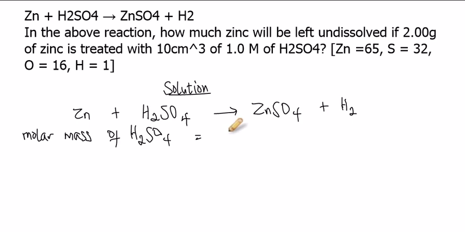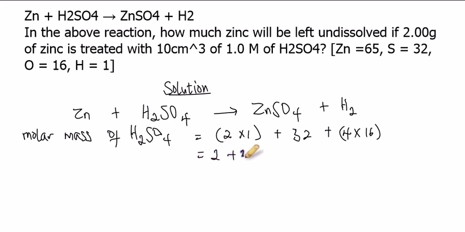So for hydrogen, 2 atoms multiplied by 1, the atomic mass, plus sulfur 32, plus oxygen. We have 4 atoms, so 4 times the atomic mass, which is 16. This equals 2 plus 32 plus 64, which gives 98 grams per mole.